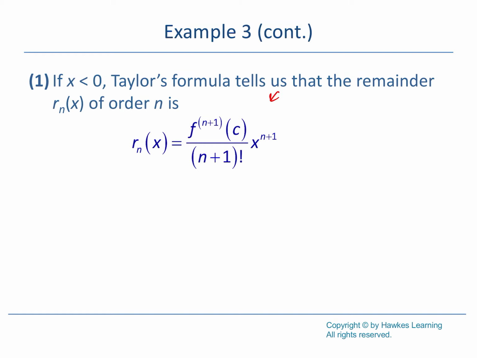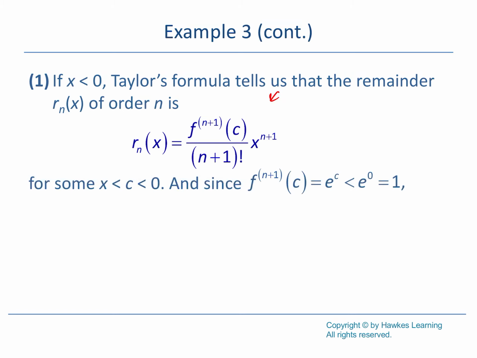Now, if x is less than 0, it means that our n plus 1th derivative would be e to the c, and that e to the c would be less than 1, right? Because c is less than 0.